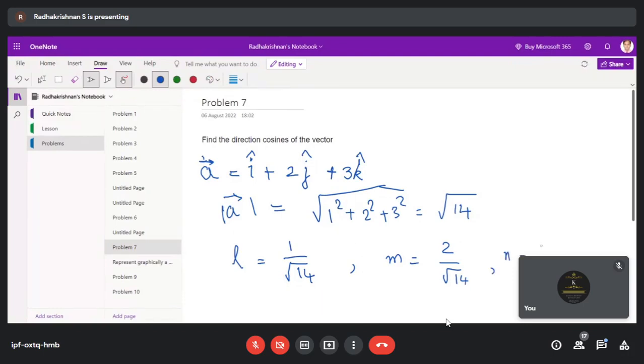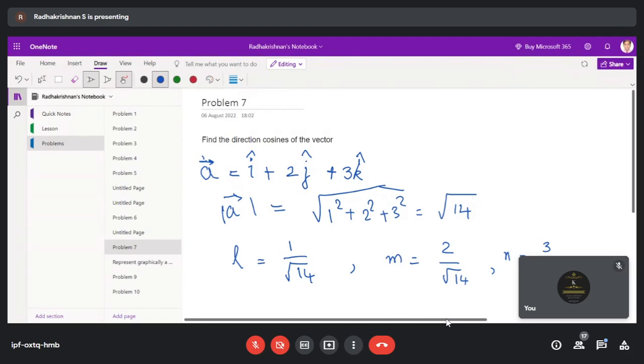Element, right? So you can see one important property here. If you write the three direction cosines, l square plus m square plus n square will be equal to 1.